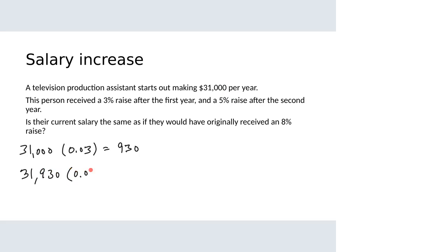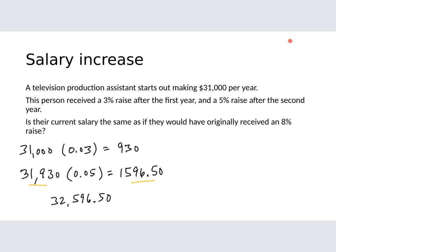So how much they're going to get in a raise is 5% of that, which is $1,596.50. And so then we'll go ahead and add these together to see what their salary is using this approach. Using that approach, their salary is now $32,596.50.